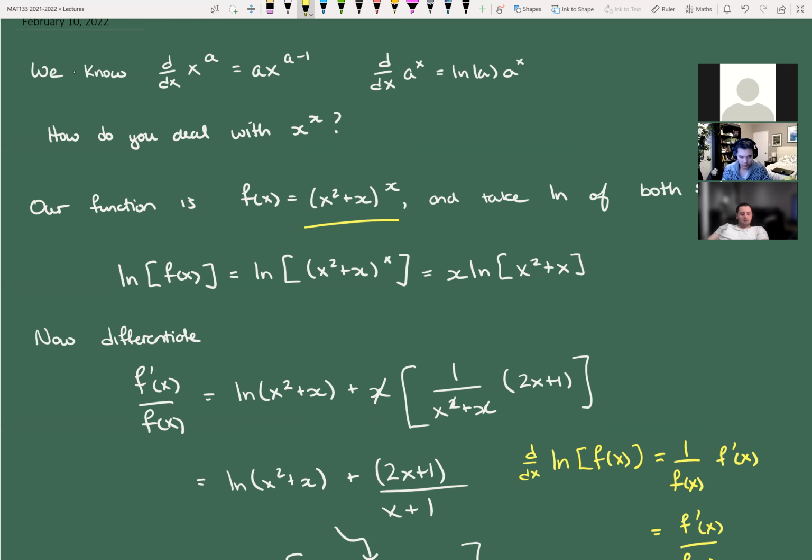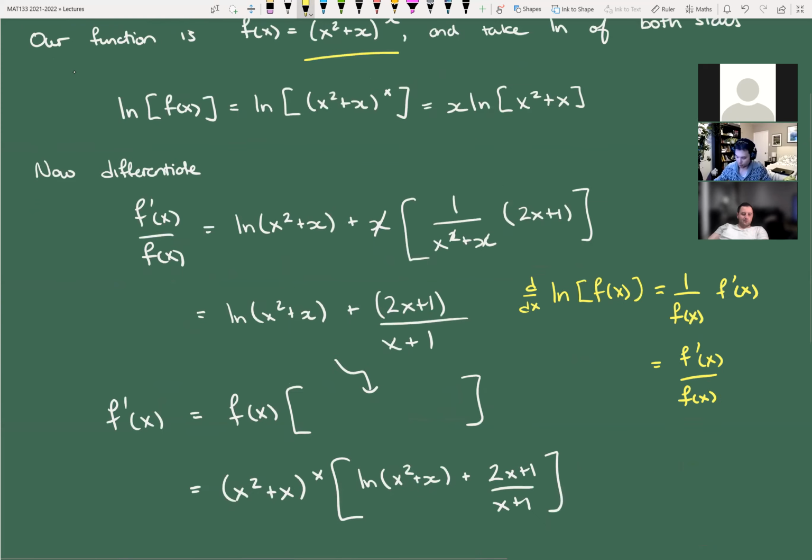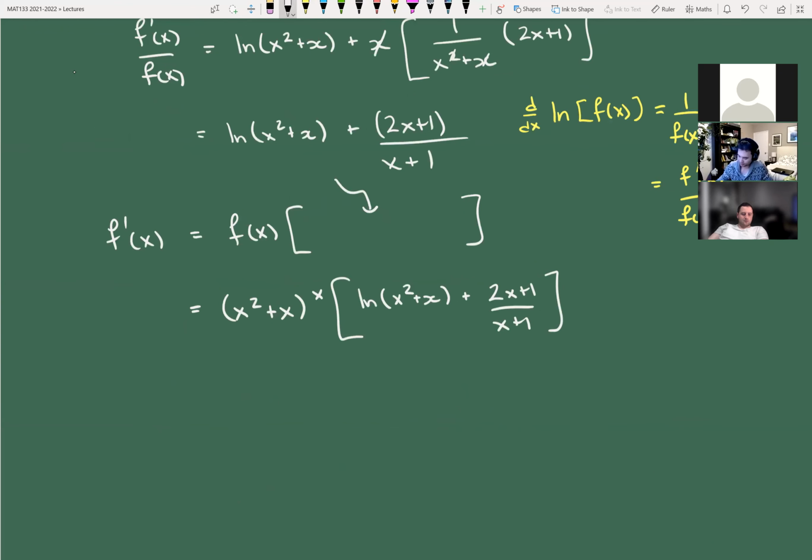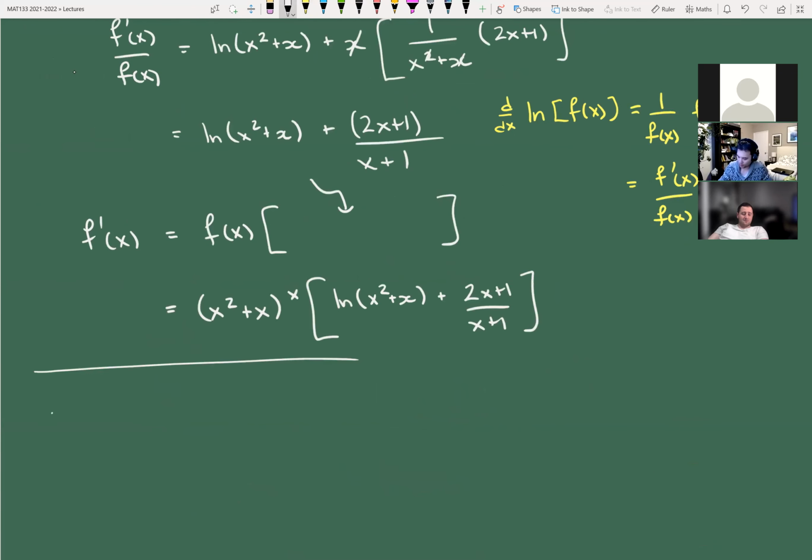In the special case where the exponent and the base were the same, say we had this function, let's call it g of x, which looks something like x squared plus 1 to the power of x squared plus 1. This time you could do it, because you could let one function be x to the power of x, and the other function, let's call it k, be x squared plus 1.